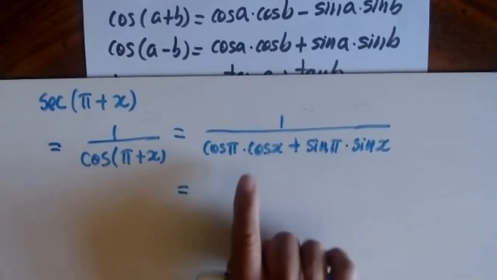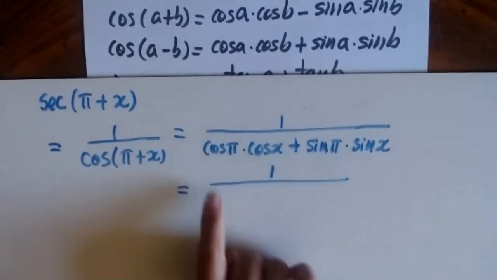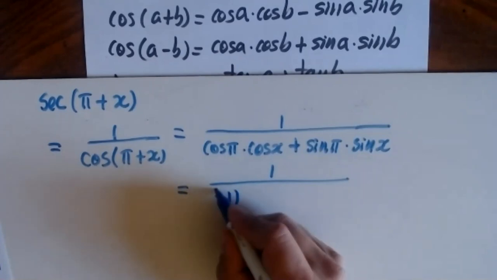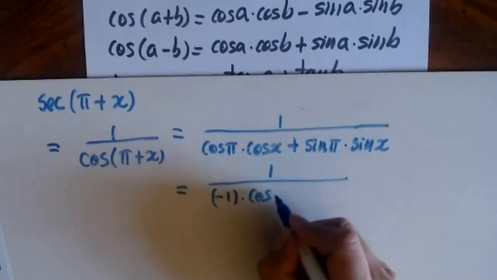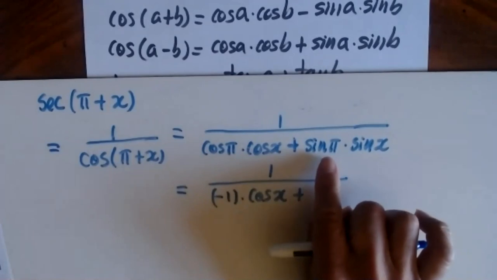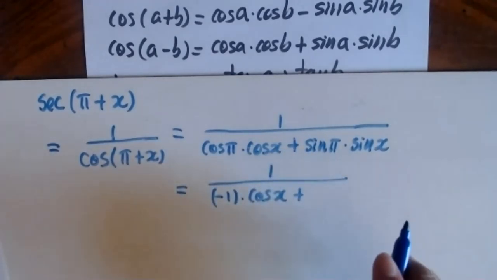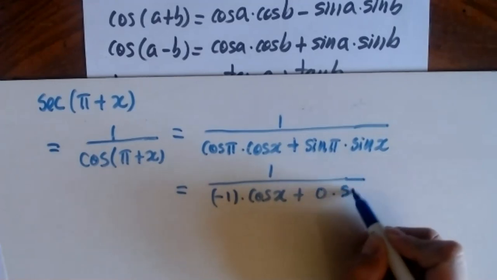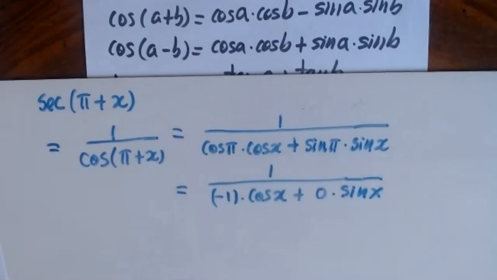Then I have to remember what this is. Do you remember what cosine of pi is? It's negative 1 times cosine x. Sine of pi, do you remember what sine of pi is? You have to, because that's important, but in this case it's a 0 times sine x, correct?